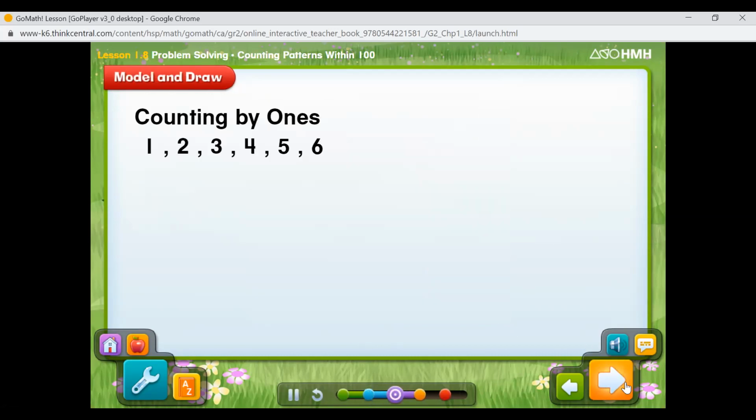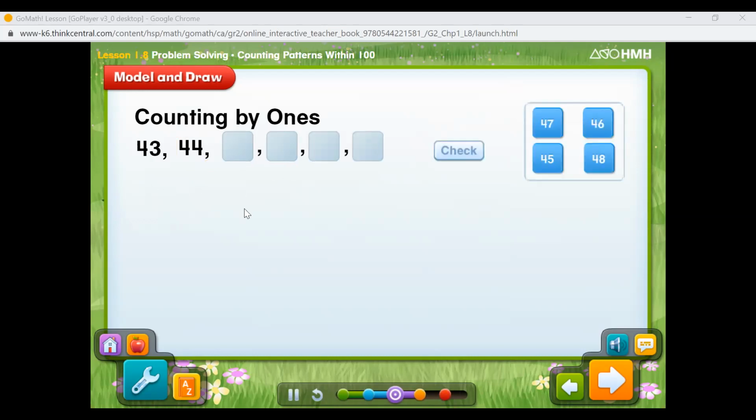This counting chart now shows the numbers from 1 to 100. You can count by ones saying 1, 2, 3, 4, 5, 6. Think about counting by ones, but starting with different numbers. As you say each number, that number is one more than the number before it. Drag the numbers to the boxes to continue counting by ones, then check your answer.